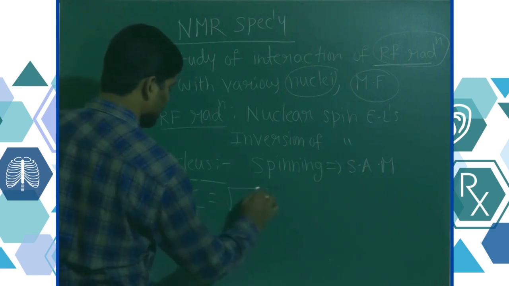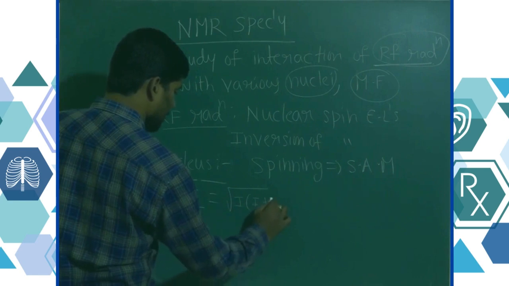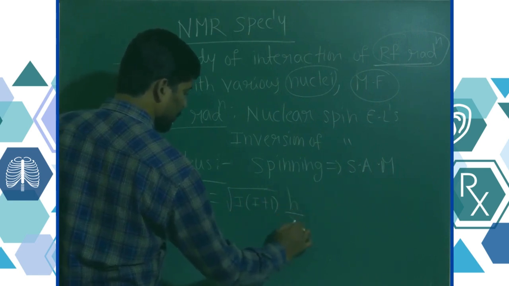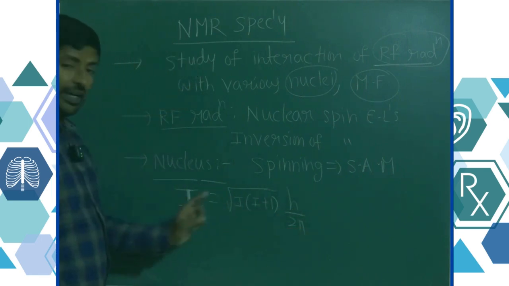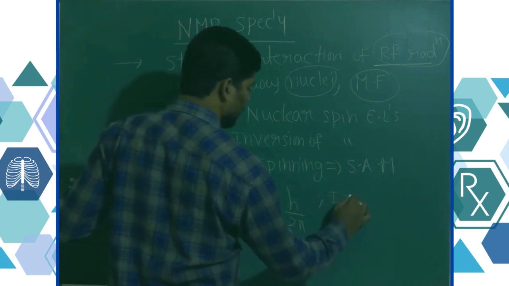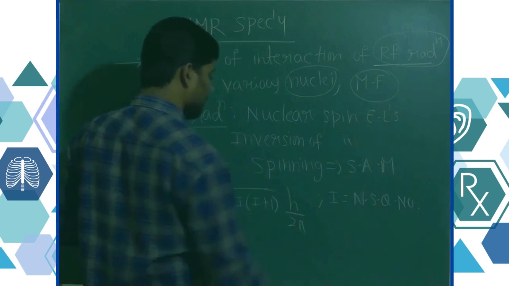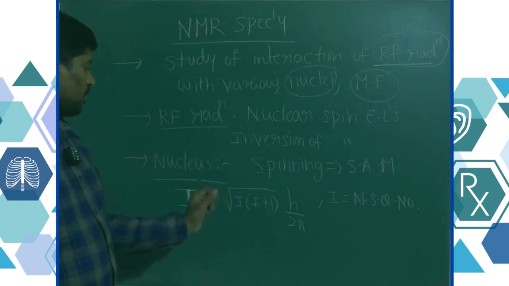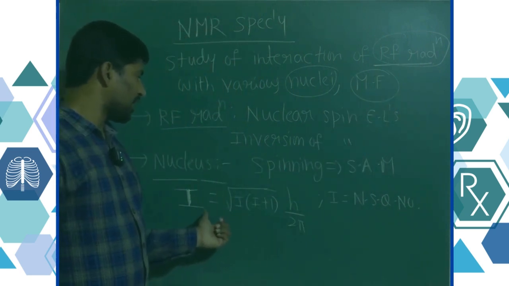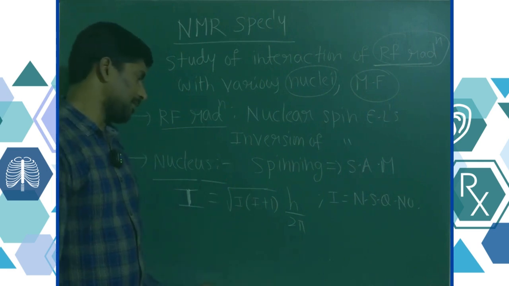So that is given as square root of I into I plus 1 times h by 2 pi, or h bar, where I is called the nuclear spin quantum number. This is the spin angular momentum of nucleus.